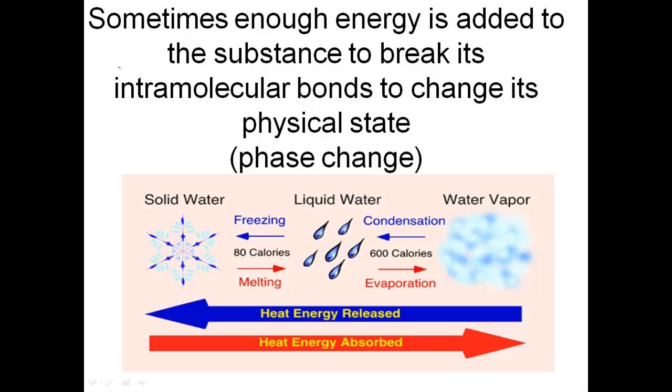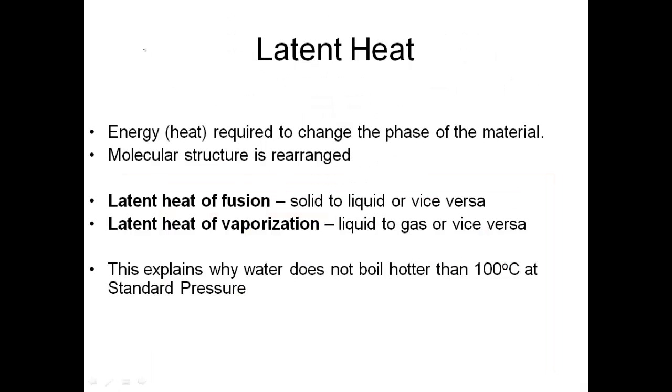Or we can even add more energy and cause the change in the relationship of the liquid, so these molecules sliding past and having passing interacting forces involved into being completely separate and going into a gaseous phase. So we need energy to do that, and so here is a real good demonstration in this slide that shows you all of that, and you probably could think of a lot of different ones.